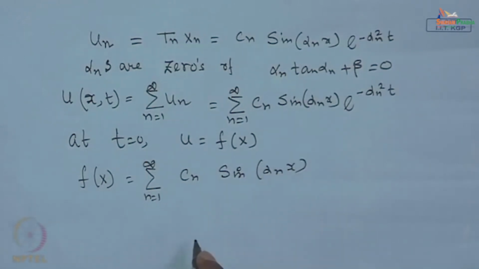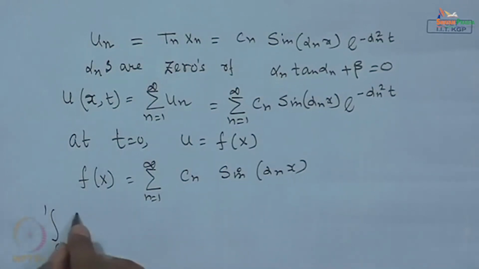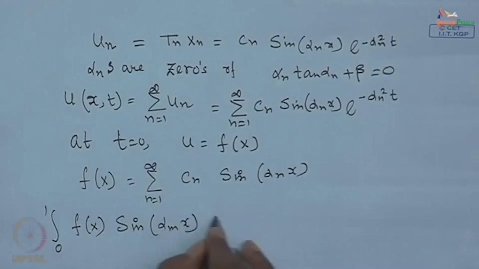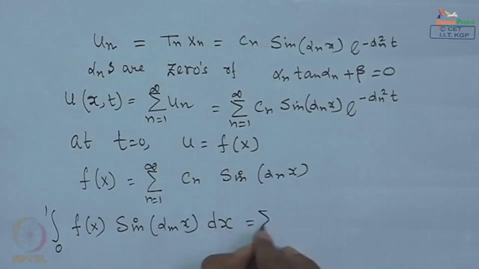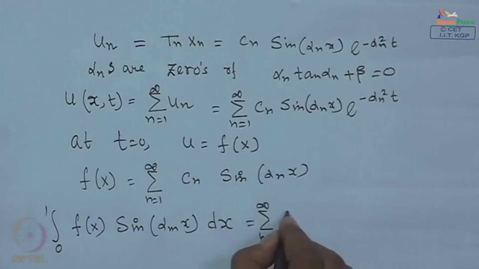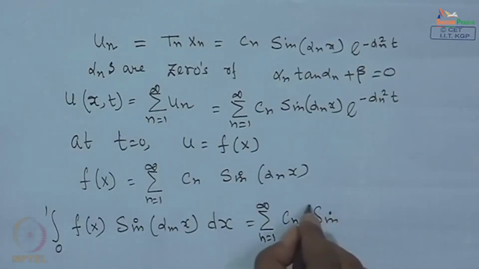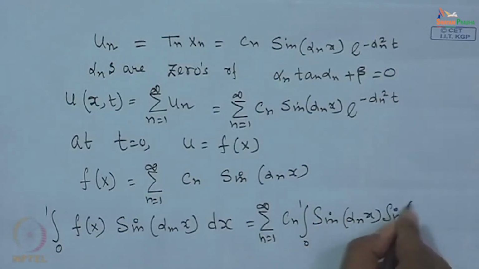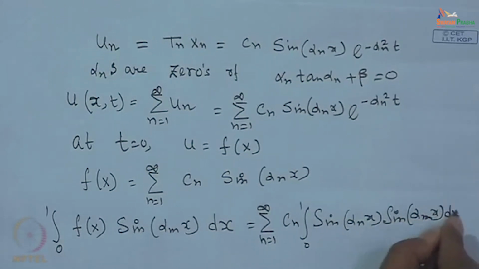And we have already seen earlier that the eigenfunctions are orthogonal to each other. So, to evaluate C_n and to break open this summation, we multiply both sides by sin(alpha_m x) dx and integrate over the domain of x, that is from 0 to 1. The integral of f(x) sin(alpha_m x) dx is the summation n is equal to 1 to infinity C_n times the integral of sin(alpha_n x) sin(alpha_m x) dx.